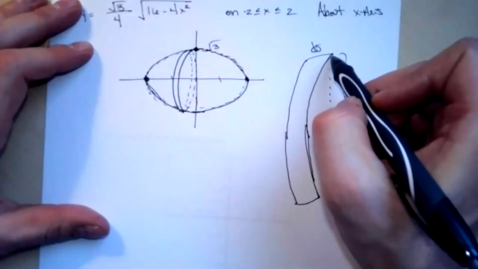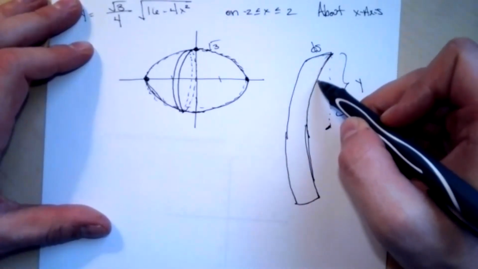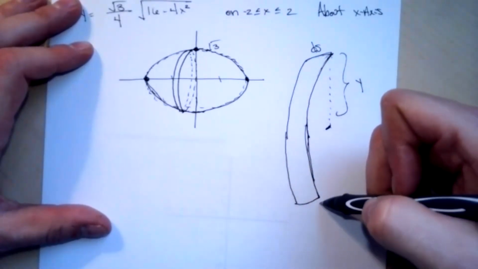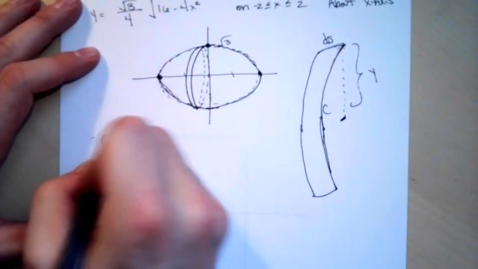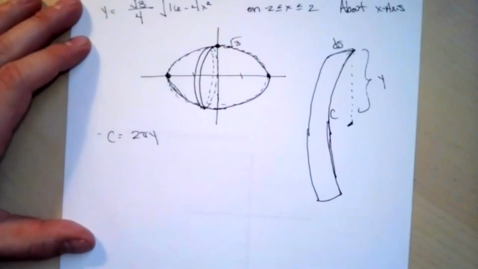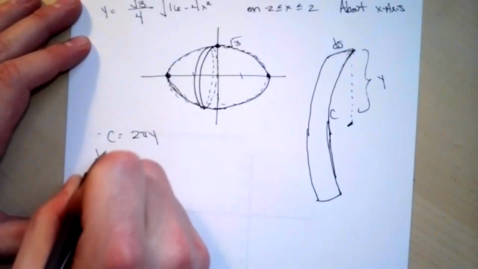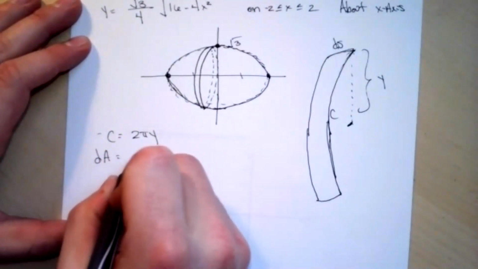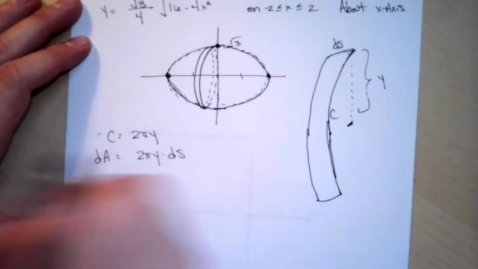And what is the circumference here? If this is ds, then the circumference, let's call that c, is 2 pi r, which means the area of that strip is 2 pi y times ds.